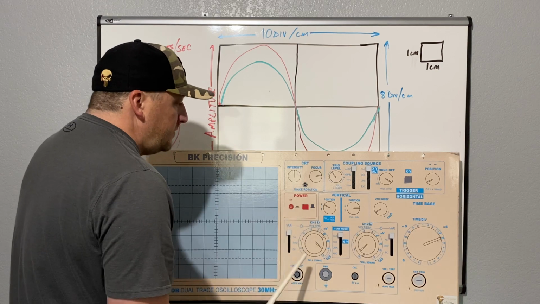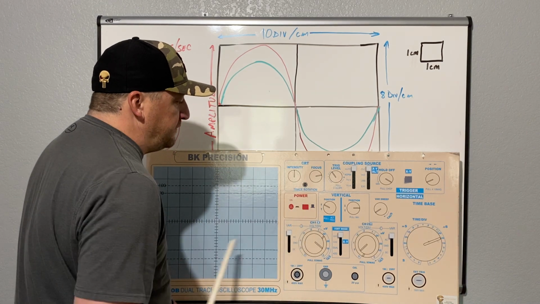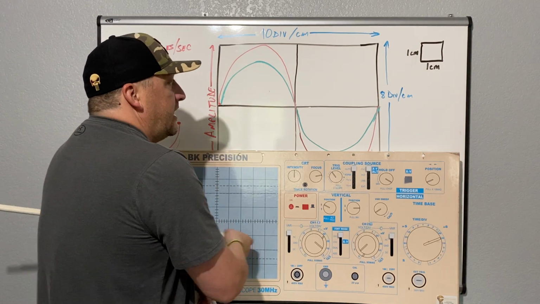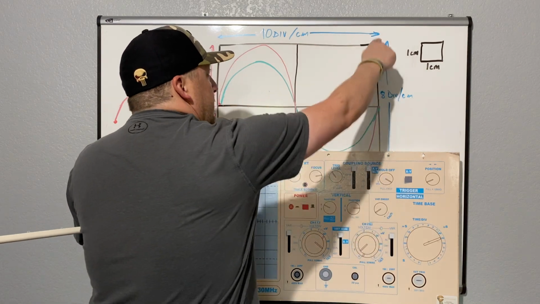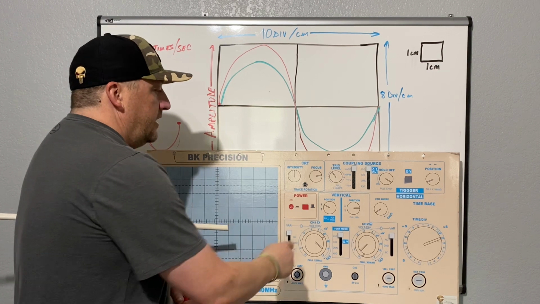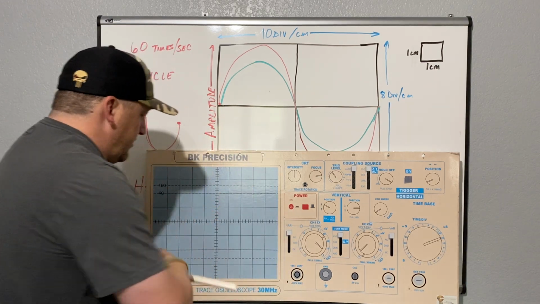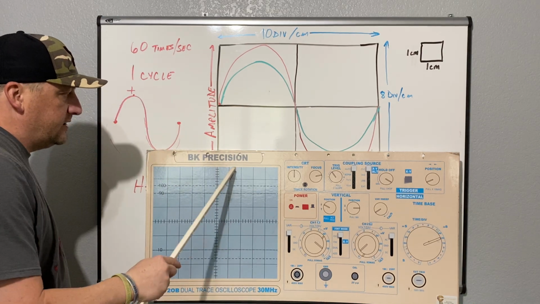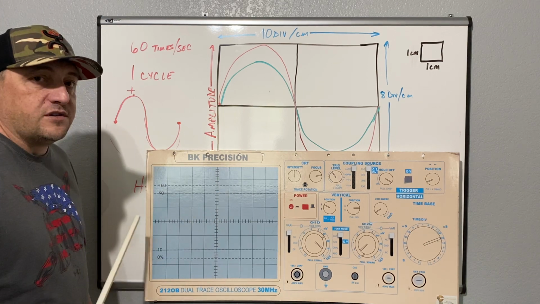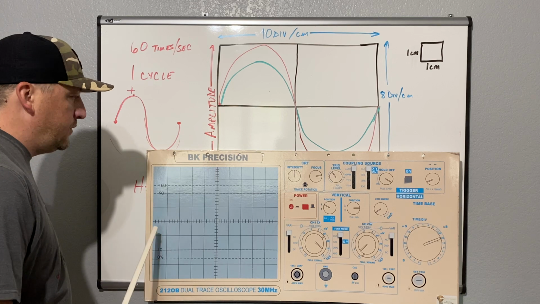So if we've got it set to 0.5 volts, that means if we've got 8 divisions total on our vertical scale, and they are 0.5 each, then from the bottom of the screen to the top of the screen, that is going to be a total of 4 volts. Because each one of these is 1/2 volt.